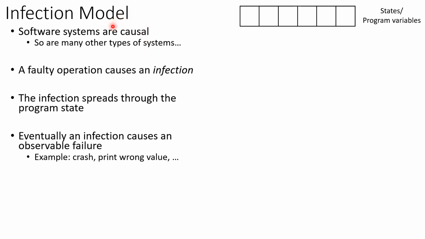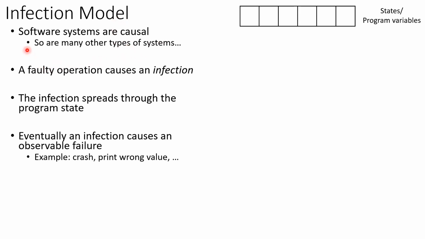A causal system means that everything at a given time is dependent on something before it. So the state of the system at some time is dependent on the state of the system at the previous time. This is called causal. And so are many other types of systems.